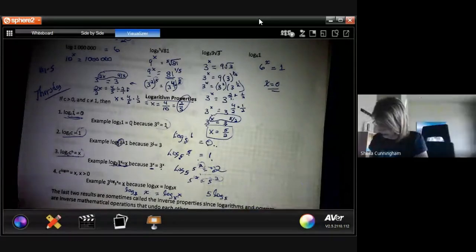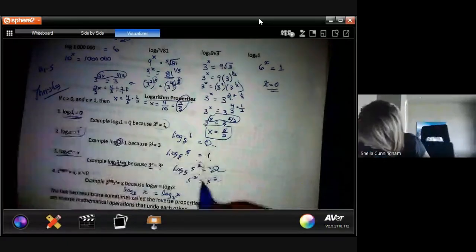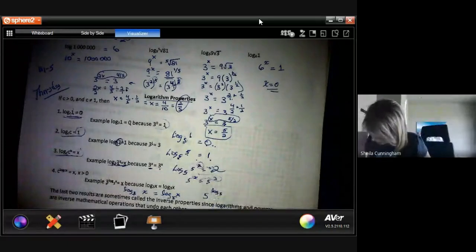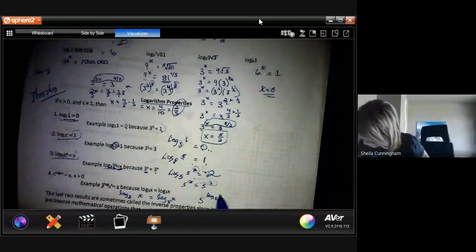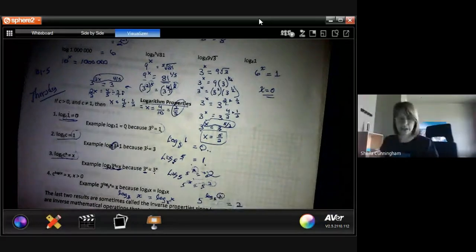I'm going 5 to the power of log base 5, and I say 2 there. Then my resulting answer for this will simply be whatever this value happens to be.